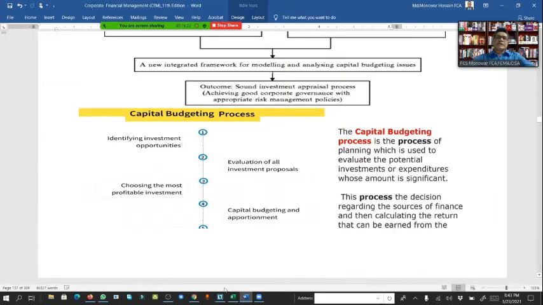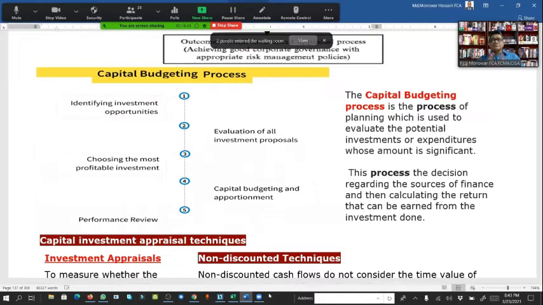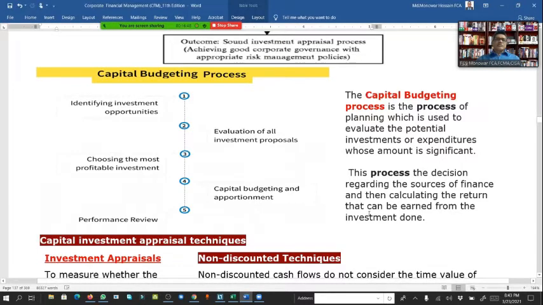If we look at the capital budgeting process, there are 4 or 5 steps. Firstly, identify investment opportunities, where we will be able to invest money. Second, evaluate all investment proposals. There are a lot of proposals we can get, and from there we will find the proposals and analyze them, choosing the most profitable investment.